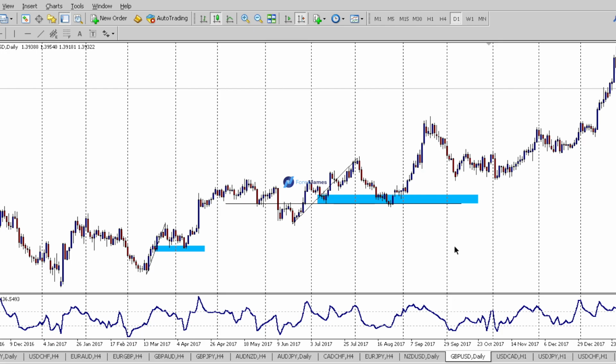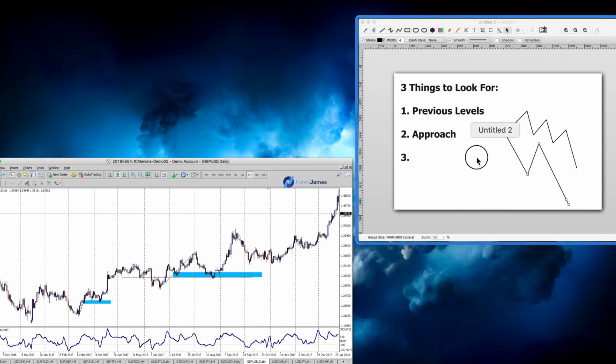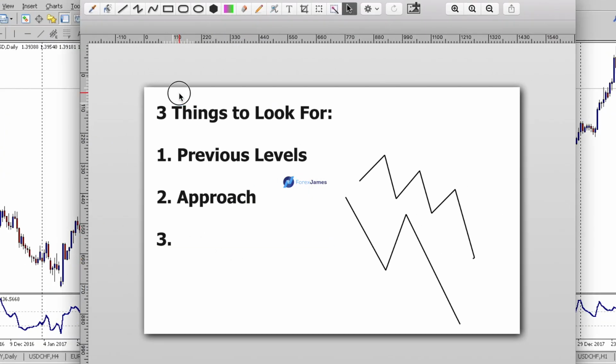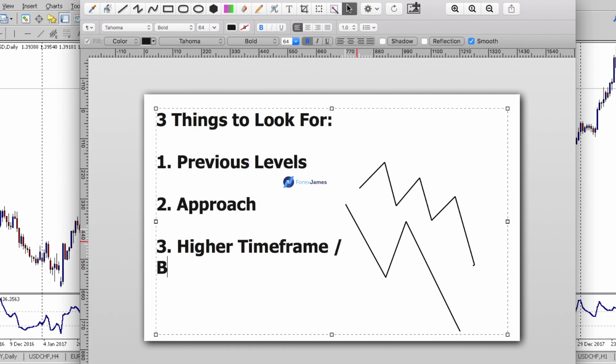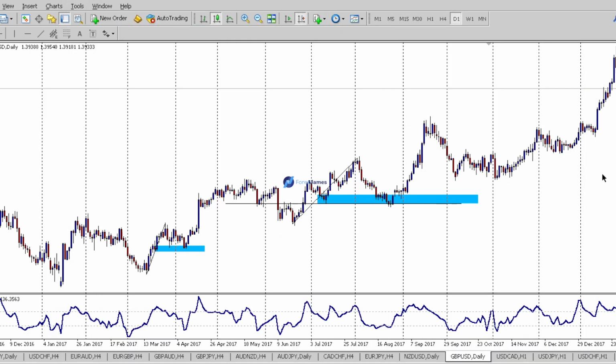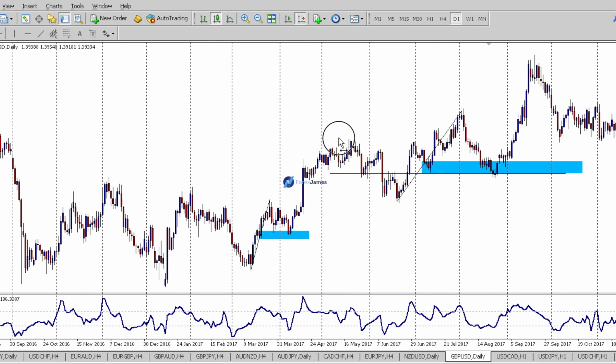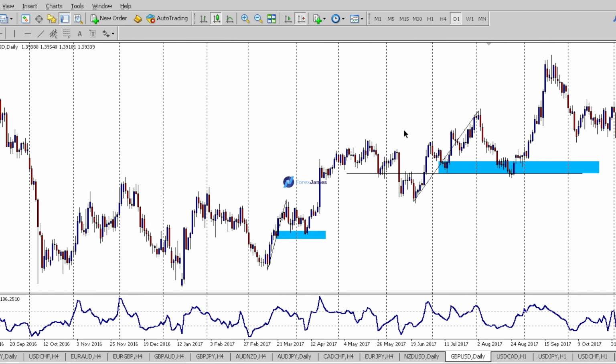Okay? And the third thing we look for is the higher time frame, or just the bigger picture in general. It's really important to see where we are in the bigger picture, okay?